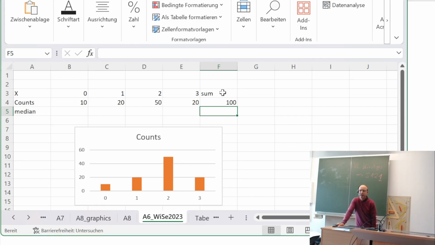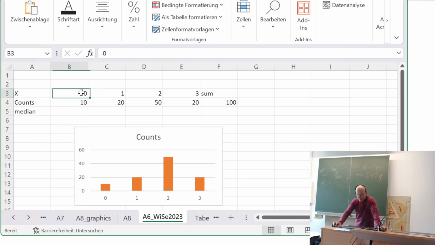So where do we find then the median of this distribution? The median again cuts our distribution in two parts. 50% of the data is lower and 50% of the data is higher than our value.